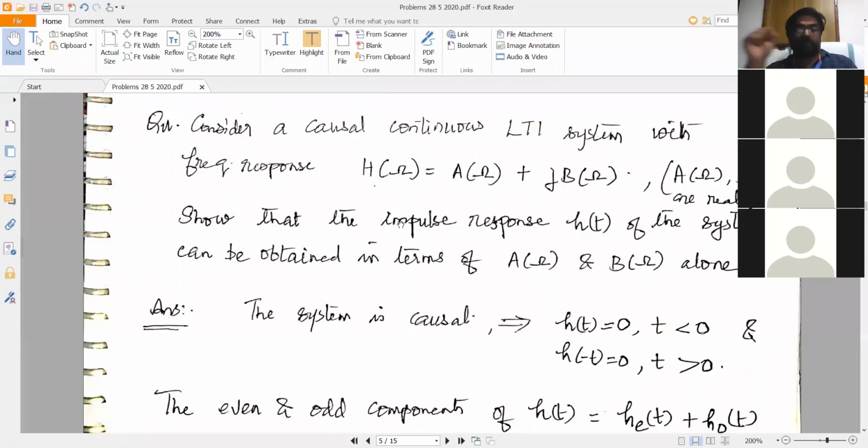So from A of omega, you can find h of t. You can also find h of t if you are given only B of omega. So that is to be proved now. This will use the Hilbert transform expression that we discussed in the previous problem.